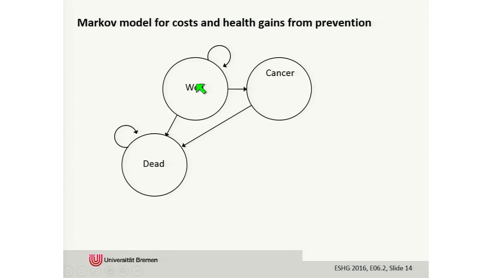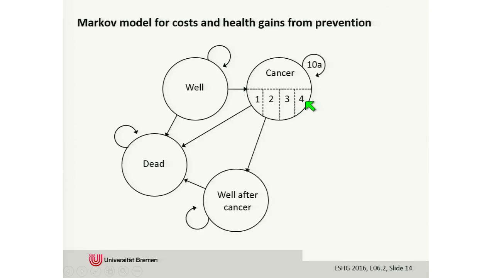Or, of course, as they have Lynch syndrome, they may develop cancer. And when the cancer is detected, it can be in stages 1, 2, 3, or 4. And depending on whether they are on increased colonoscopy or not, the stage distribution is different. And depending on the stage distribution, the mortality from cancer differs. They can also remain in the cancer state, and after 10 years, they can reach the state of well after cancer.